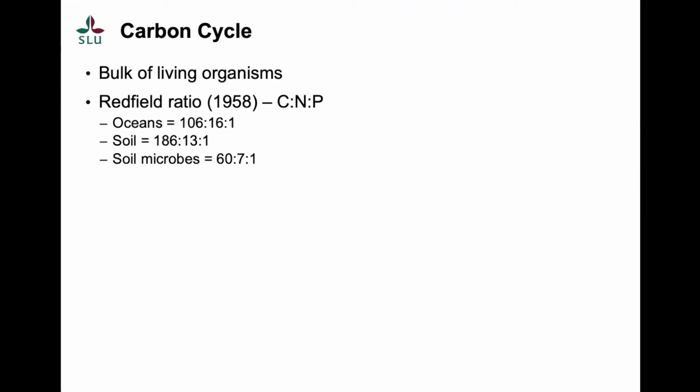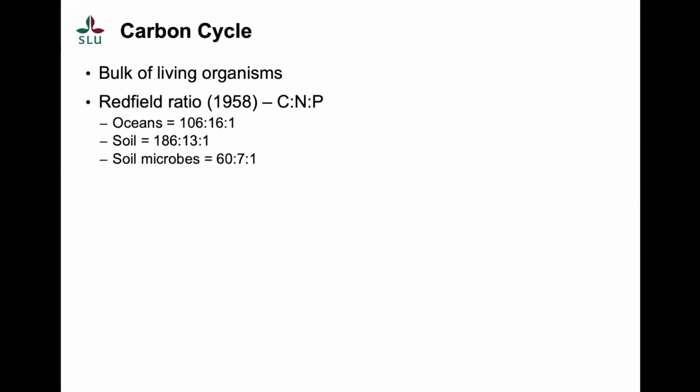By sampling in different areas and quantifying, you get an average in oceans, for example, of 106 parts of carbon to 16 of nitrogen to 1 of phosphorus. And you can use that ratio to get an idea of what kind of habitat you might have, because as that ratio changes a little bit, you can see whether one particular element is going to be more limiting to growth than another. So for example, in soil, overall, it's different from oceans.